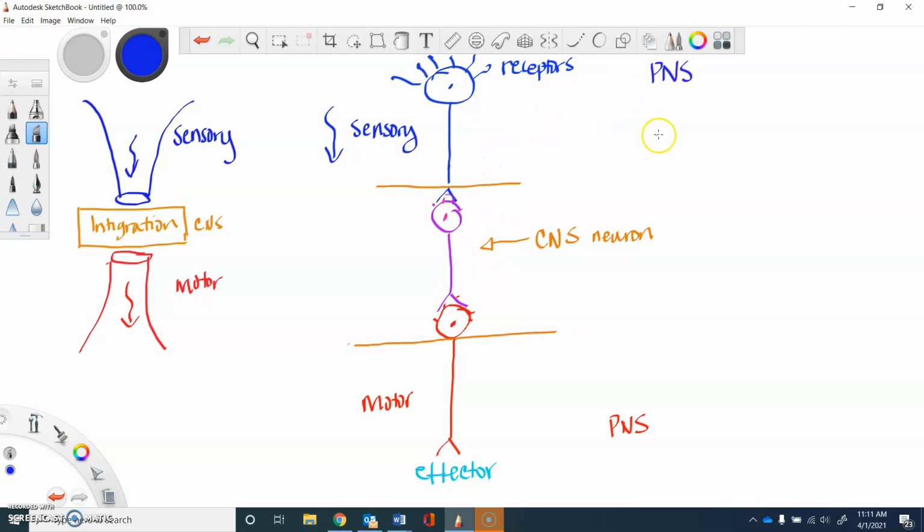All right, so in the peripheral nervous system, neurons don't just go by themselves. Neurons are very small cells, and neurons that are going to similar places travel together, and they travel in bundles. So a bundle of axons in the PNS is called a nerve.